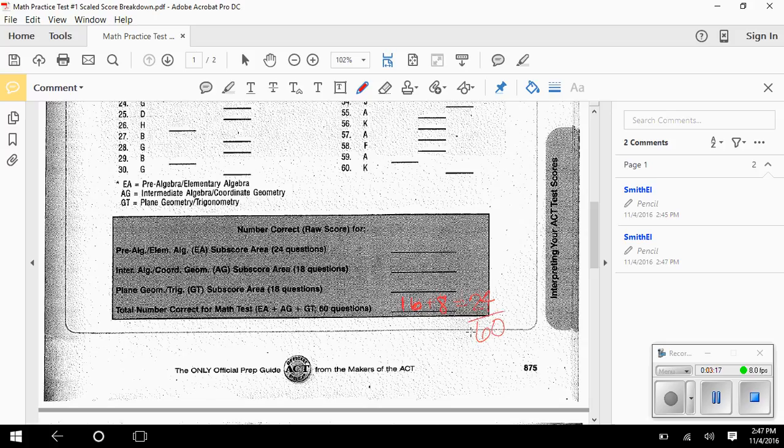But let's say that's what mine was. So out of the 31 questions, I only got 16 total correct, and then you cut that number in half and add it to this to get an estimated raw score out of 60. Okay? So once you do that, I got 24 problems correct.